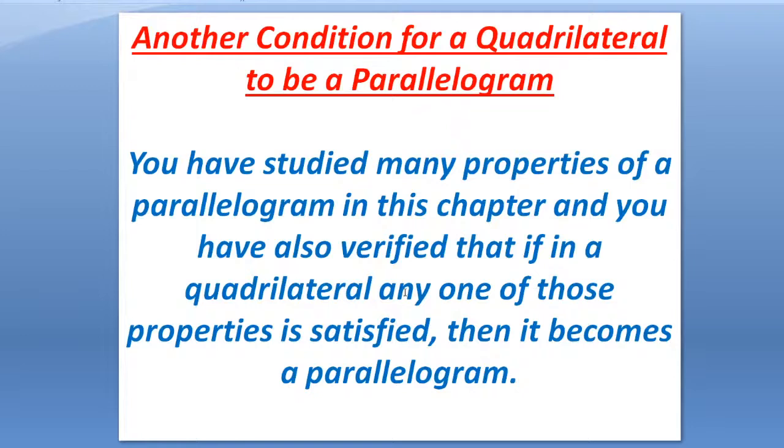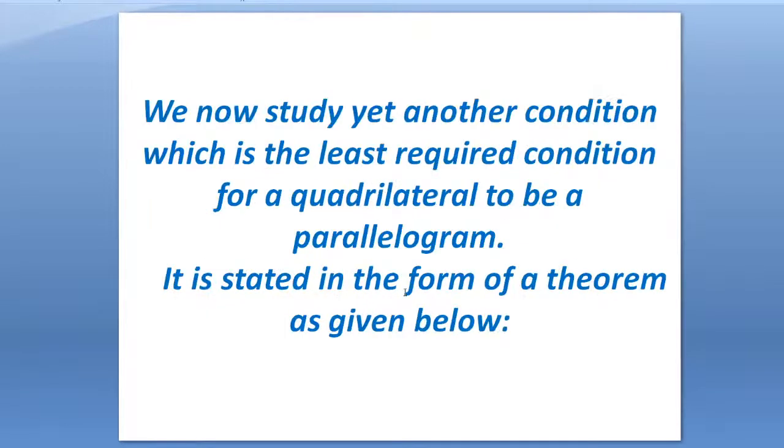You have studied many properties of a parallelogram in this chapter, and you have also verified that if in a quadrilateral any one of those properties is satisfied, then it becomes a parallelogram. But we now study yet another condition, which is the least required condition for a quadrilateral to be a parallelogram, and it is stated in the form of a theorem as given below.